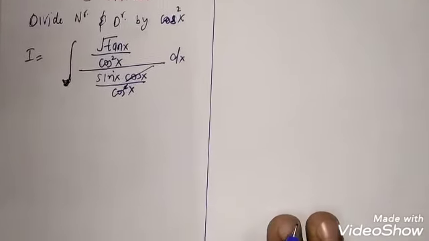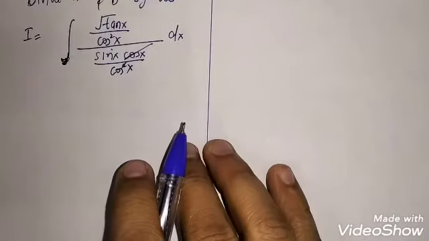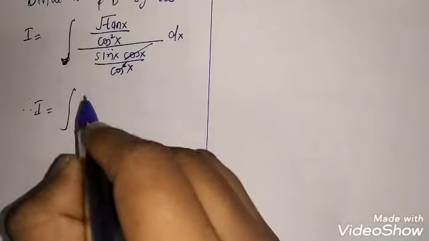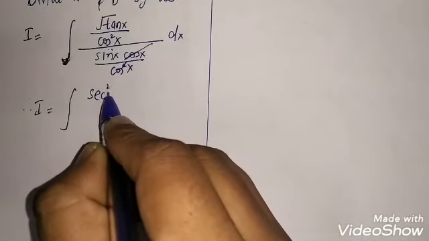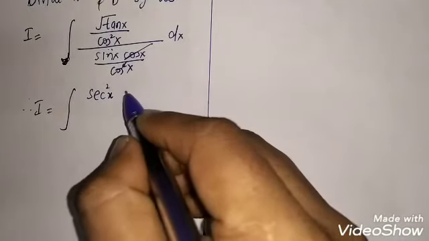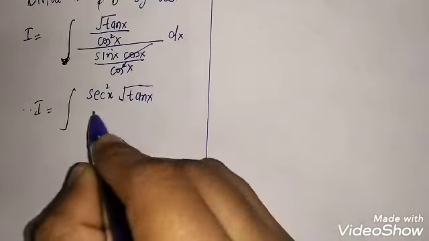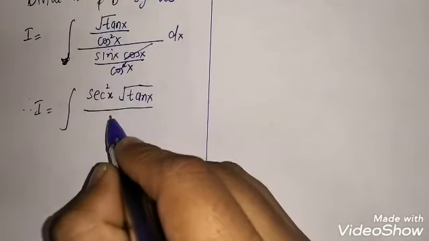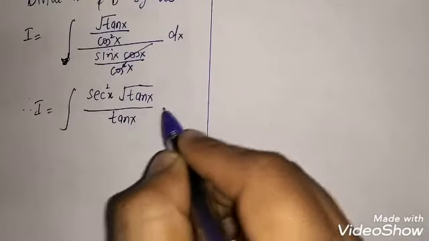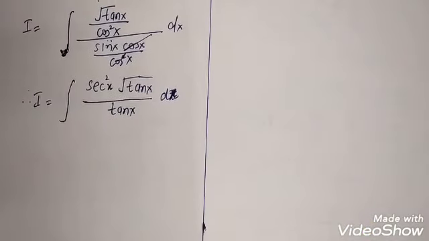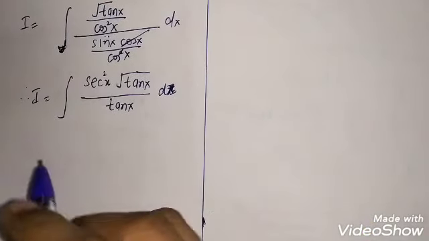Sin x upon cos x is tan x. So the integrand is 1 upon cos square x, which is equal to secant square x, root of tan x upon sin upon cos, which is again tan x, dx. Now it's very easy for you to solve.